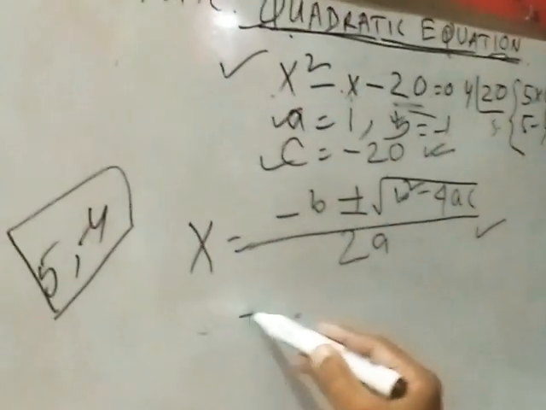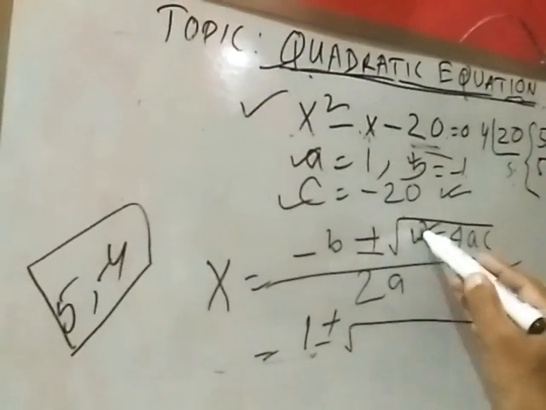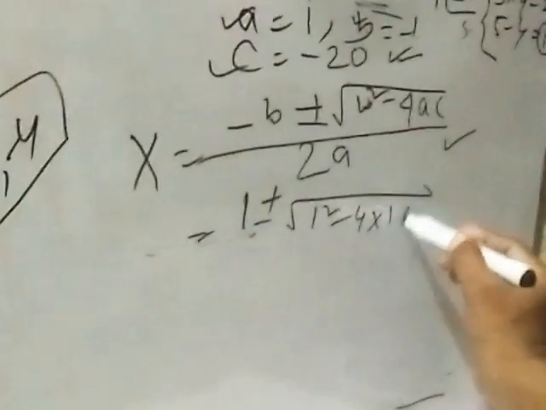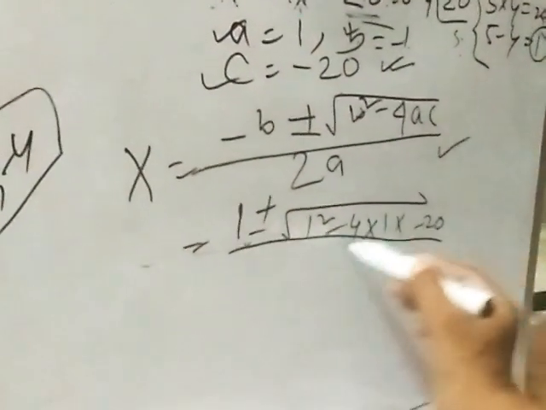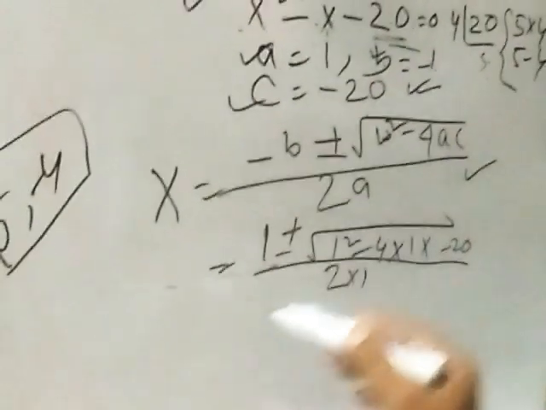Now we are putting the value b equals minus 1. Here is minus, so it will become plus. Very good. b, minus 1 whole square, minus 4. What is the value of A? 1. What is the value of C? Minus 20. Any doubt? No doubt. Very good.